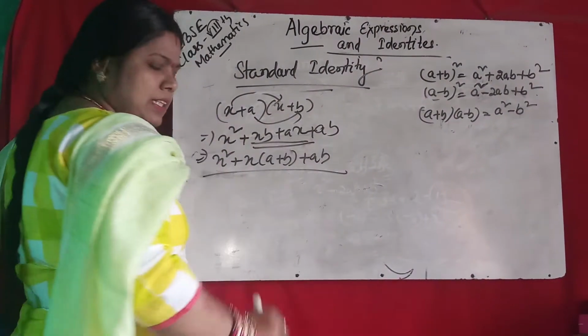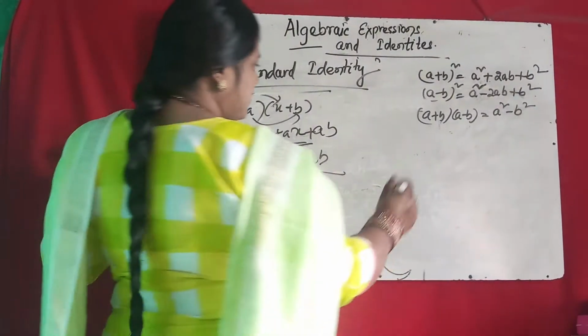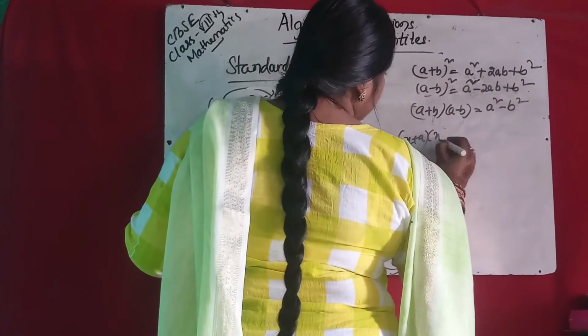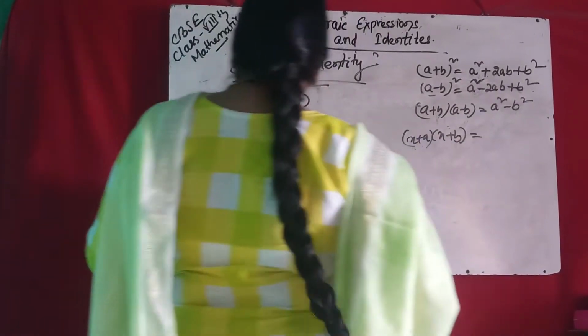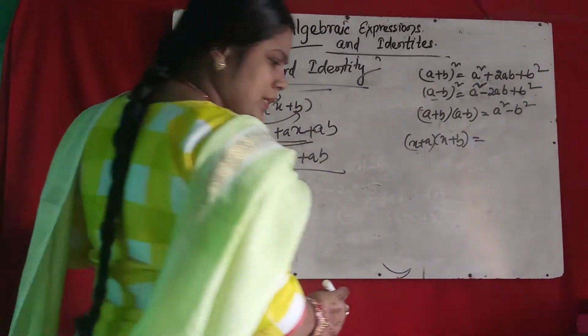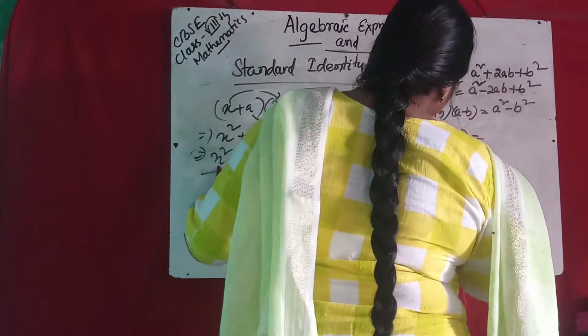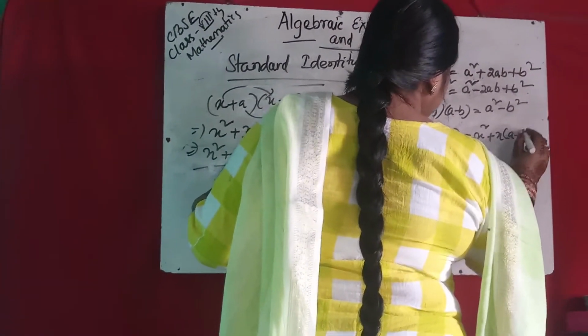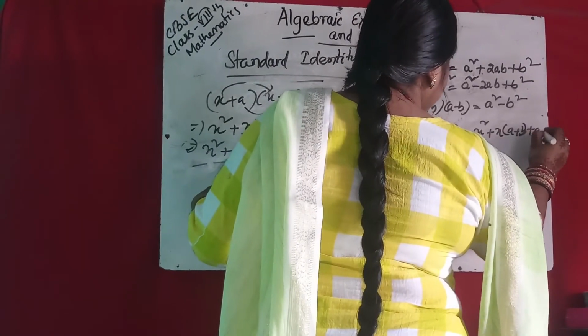This is another identity. Suppose x plus a into x plus b, then your formula will be x square plus x into (a plus b) plus ab.